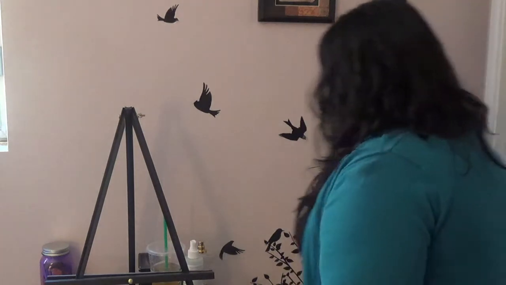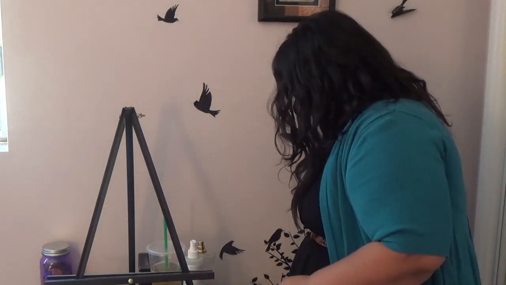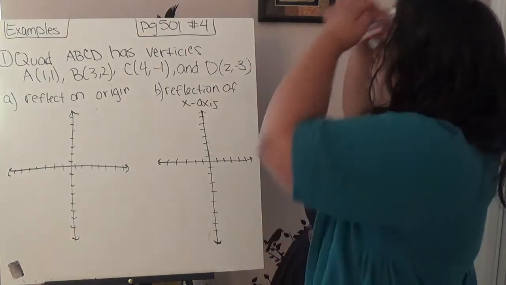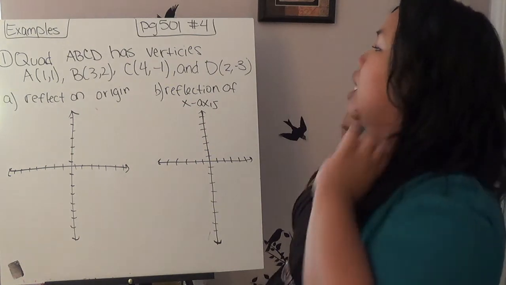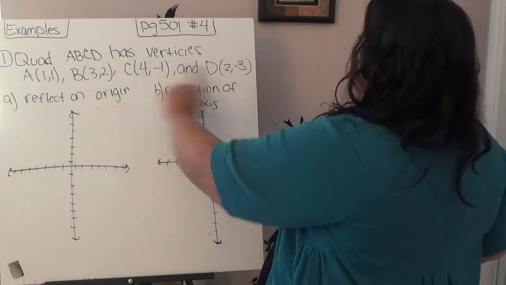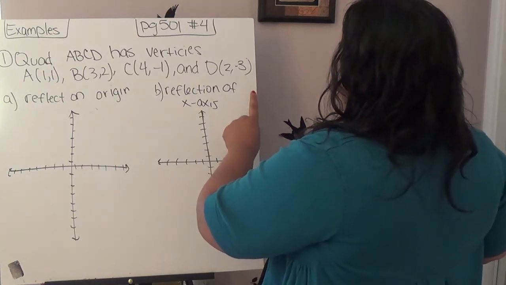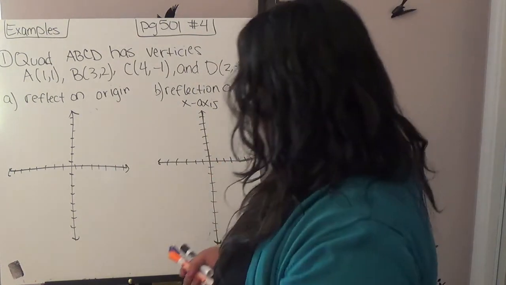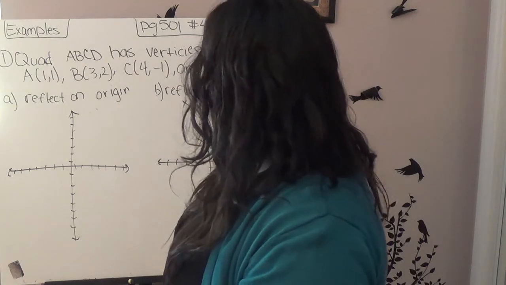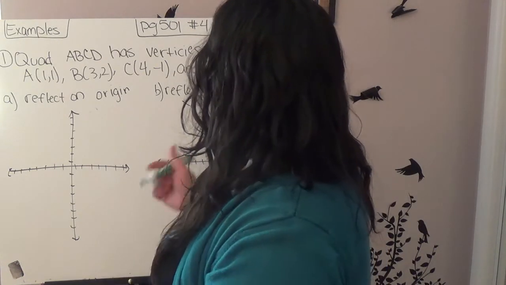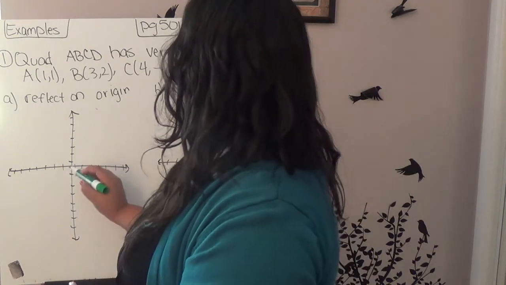Okay, we're going to do an example. Quadrilateral A, B, C, and D has these vertices, and part A wants you to reflect off the origin, and part B wants you to reflect off the x-axis. On each one, I'm going to graph the original.